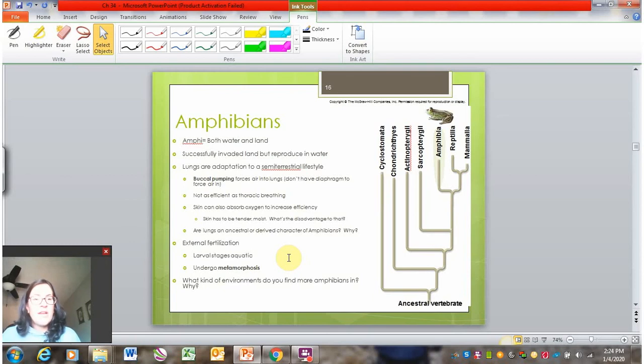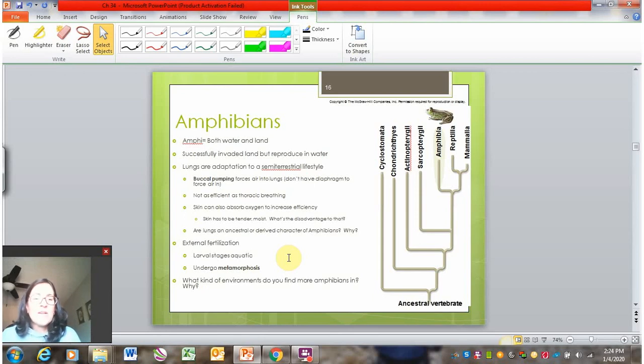So we'll take a look at amphibians here first. The word amphibian has the root amphi, which means both. It's really referring to both water and land. You saw this root in a previous biology class as well. Amphipathic was molecules that were both polar and nonpolar, so loving water and not loving water, or hydrophilic, hydrophobic, is again sharing that same root.